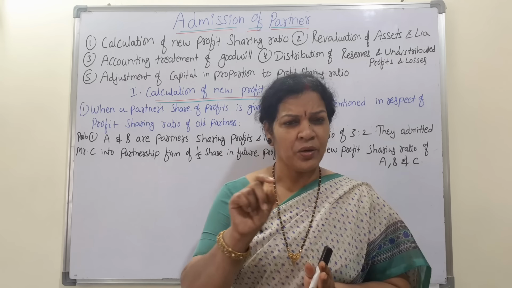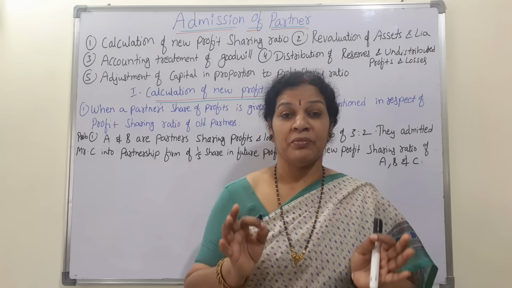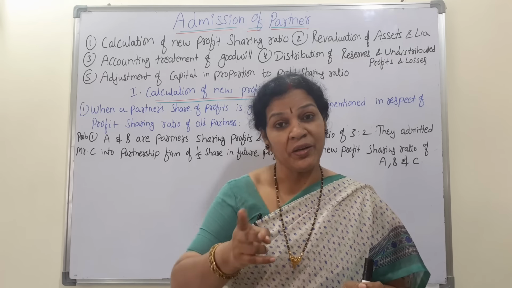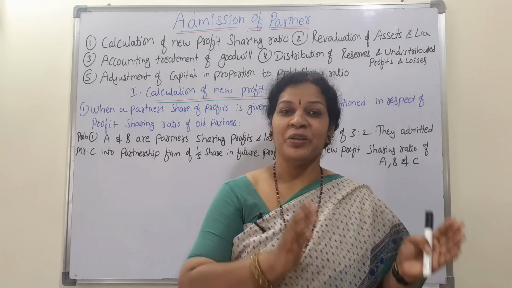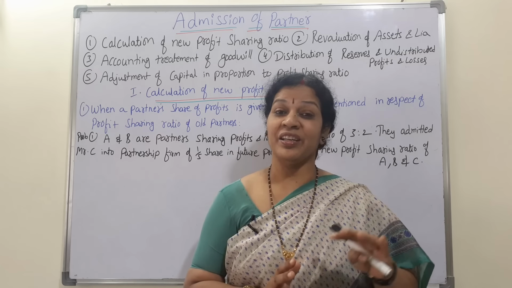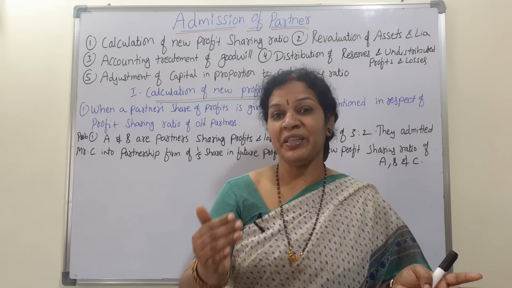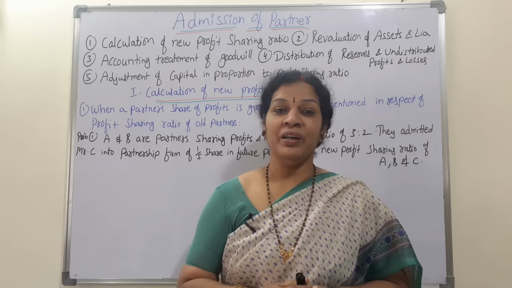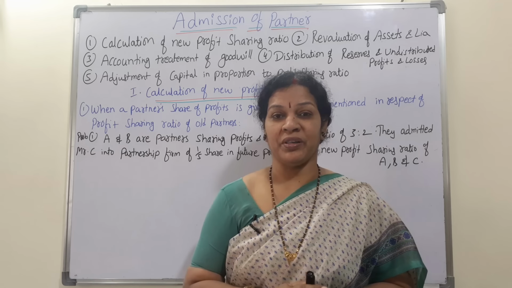Another case is where only a particular partner gives the ratio, gives the profit. So any of the cases is possible. Anyway, a new partner entering means the profit sharing ratio is to be calculated. Earlier, what was the profit sharing ratio? Now after admitting the new partner, what will be the new profit ratio? That we need to calculate. This is a very important thing.